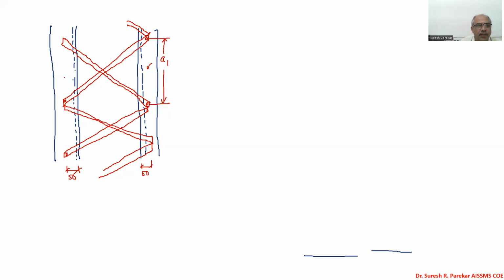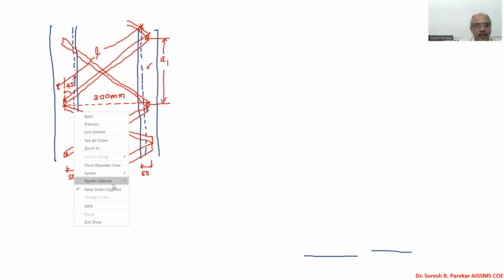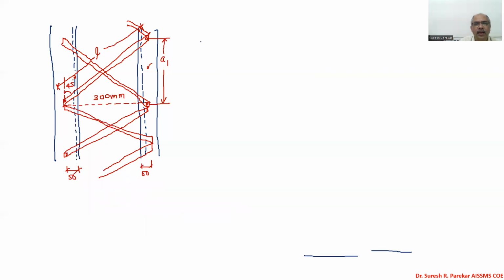So the angle is 45 degree, and we have this as the length of lacing. This distance is given from center to center of bolt, that is 300 millimeters, and as the angle is 45 degree, it will be the same. So A1 we will get as 300 mm because angle is 45.